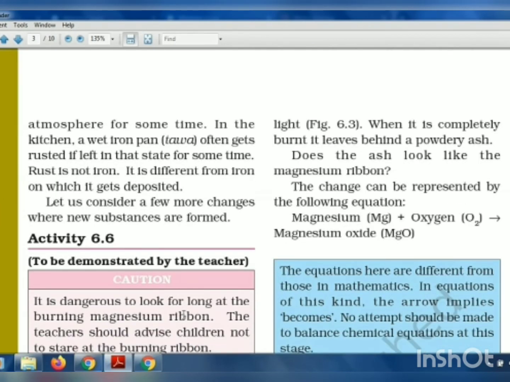Now let us consider a few more changes where new substances are formed. Up till now we saw that in the physical changes, nothing new was formed. Only size, shape, color, such properties of the object were changing. So now we are going to see the things where a new substance is formed because of a chemical change.